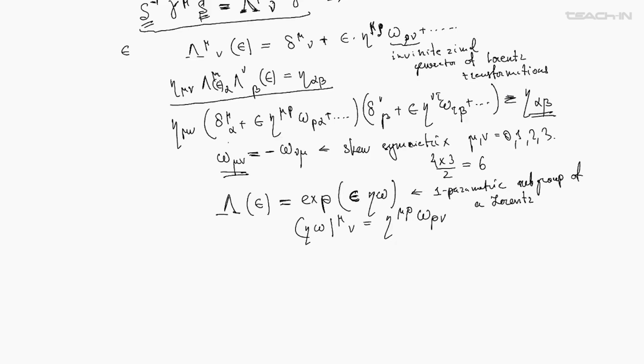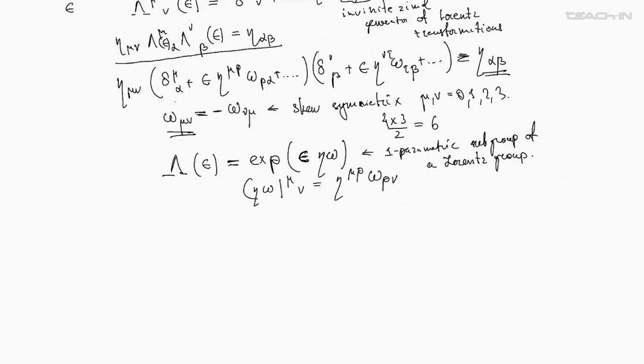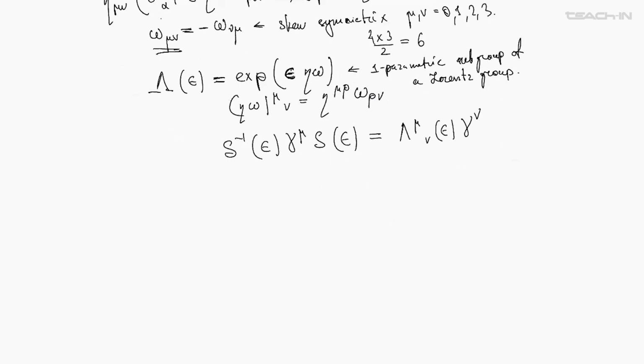Now, this means that my original equation, which I want to solve, can now be written in the following way. S^{-1}(ε) γ^μ S(ε) is equal to Λ^μ_ν(ε) γ^ν. So I write this equation by picking as a Lorentz transformation these elements of the one-parametric subgroup of the Lorentz group.